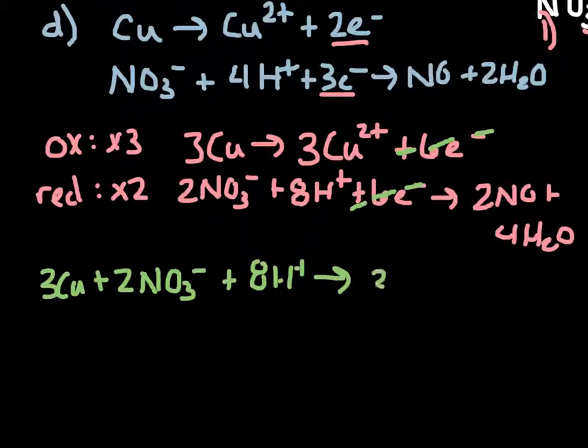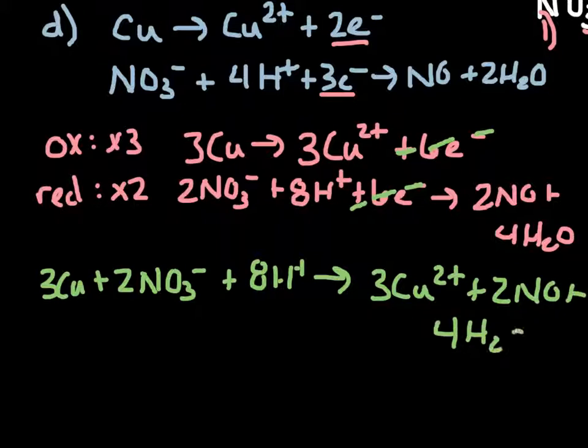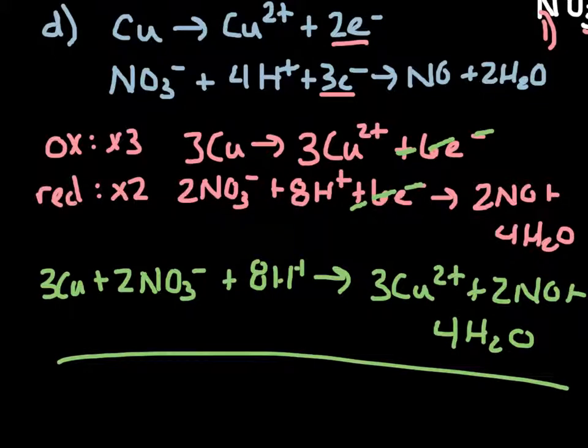After the arrow, we have 3 copper ions, we have 2 NOs, and we have 4 H2Os. And that is the full redox reaction for this particular setup.